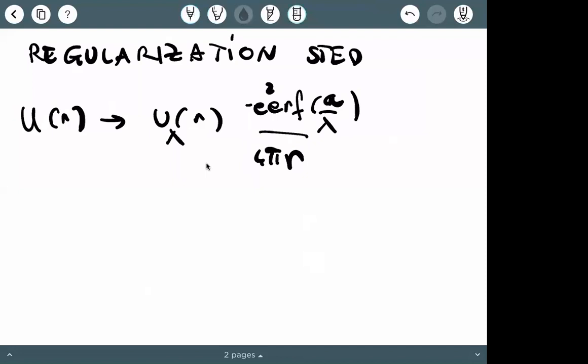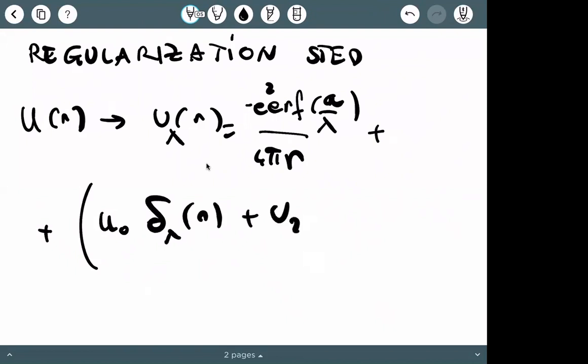This is the anti-Fourier transform of the regularized Coulomb potential, okay? Plus u0 delta function smeared, u2 the gradient of delta function smeared, plus blah blah blah.